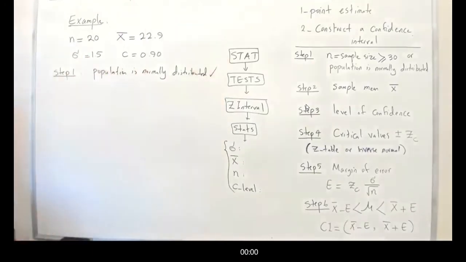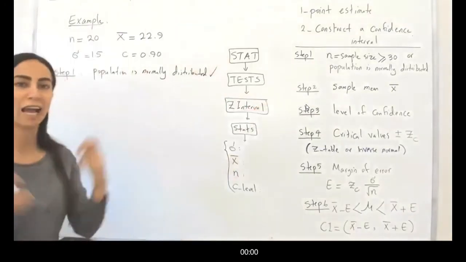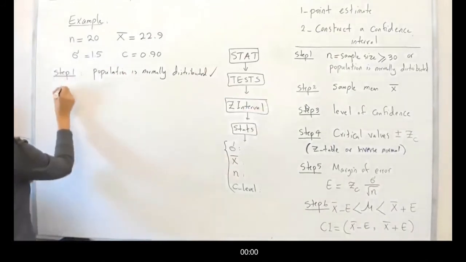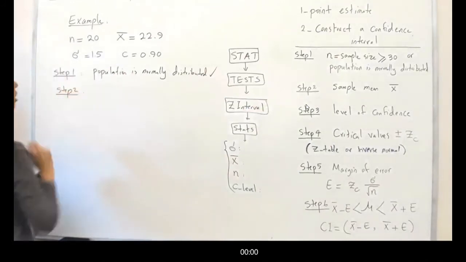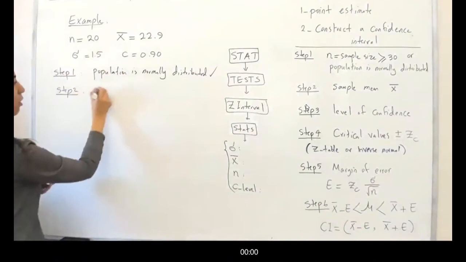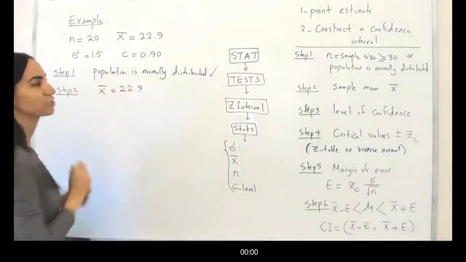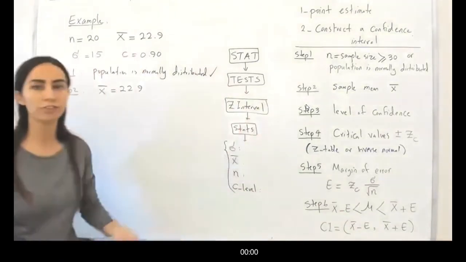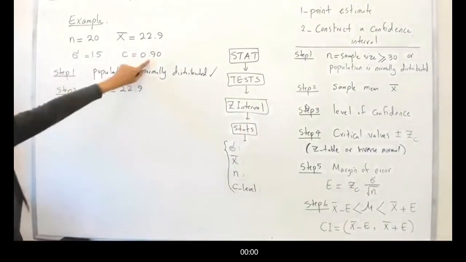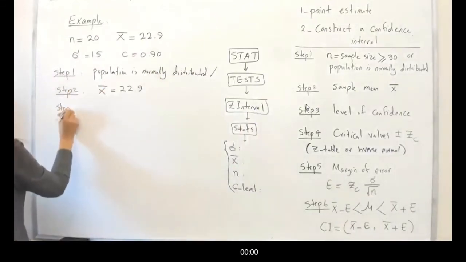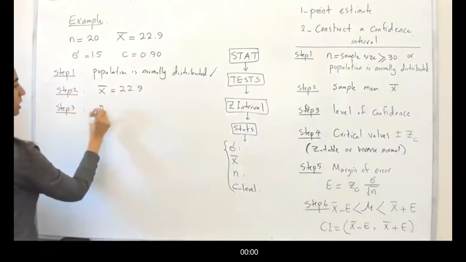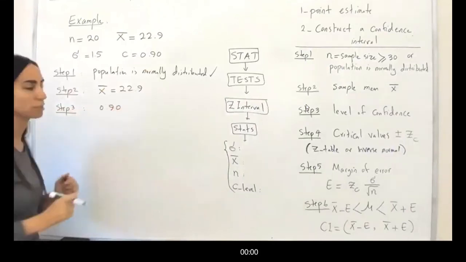Very well. Step 2, find sample mean. Sample mean is also given to us. X bar is 22.9. What is the level of confidence? 90%. So step 3, 90% level of confidence is also given.